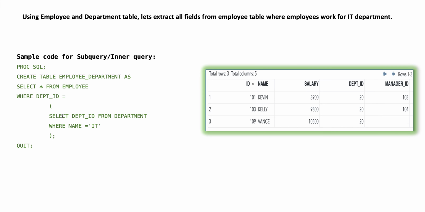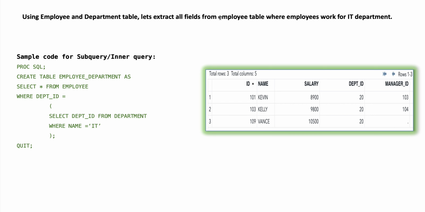We have a third set of code where an inner query or subquery is used. We have a question. Using the employee and department tables, let's extract all fields from the employee table where employees work for the IT department. Here we are going to identify all records from the employee table where employees work for the IT department.